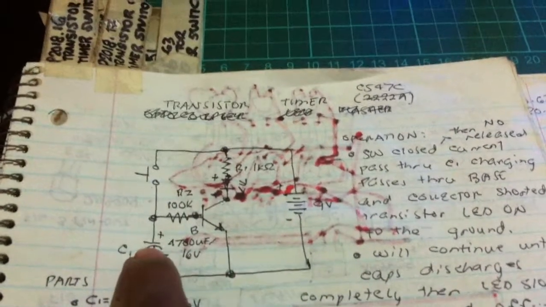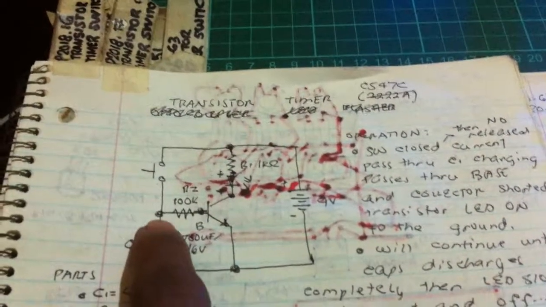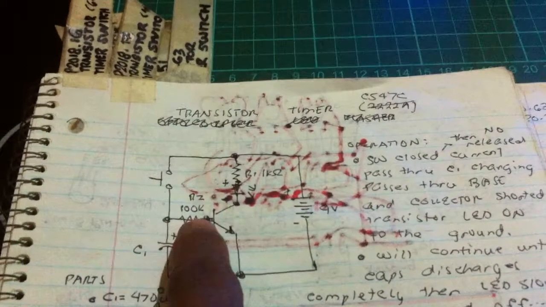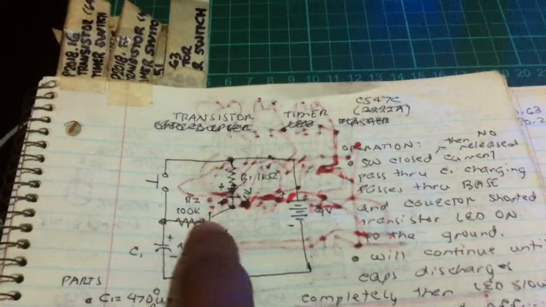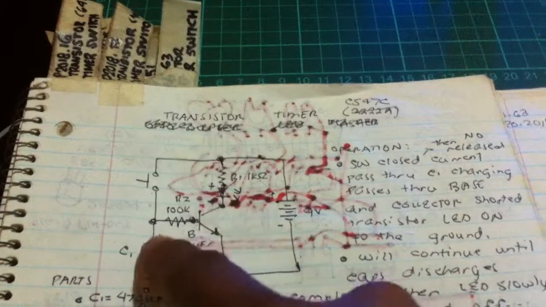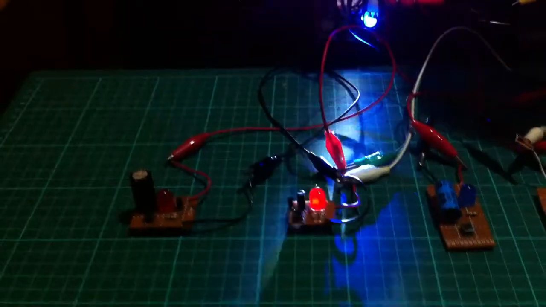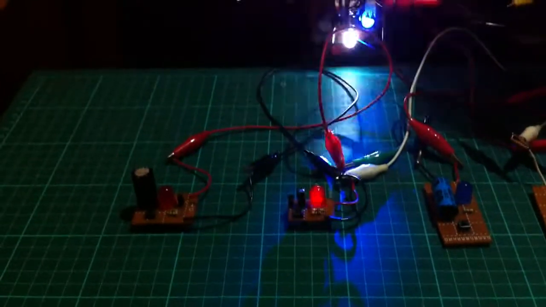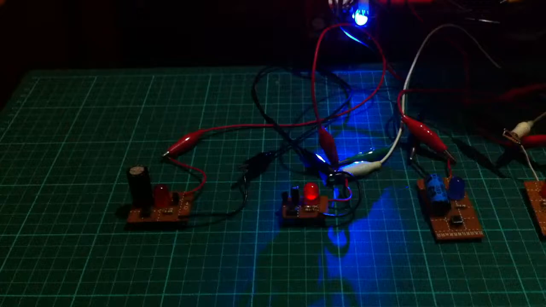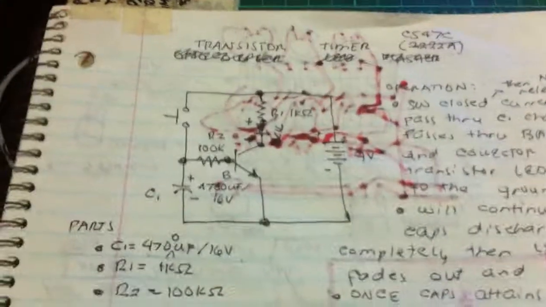And when you release the button, the capacitor is supplying the current to the base, making the LED still light until it becomes very dim, a low light, but it will not fully discharge.